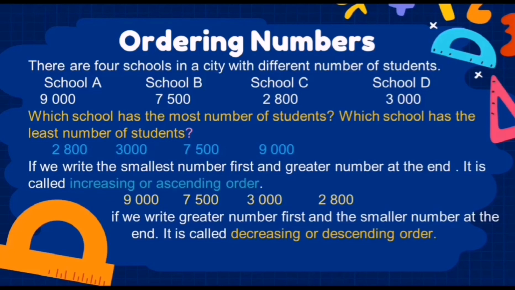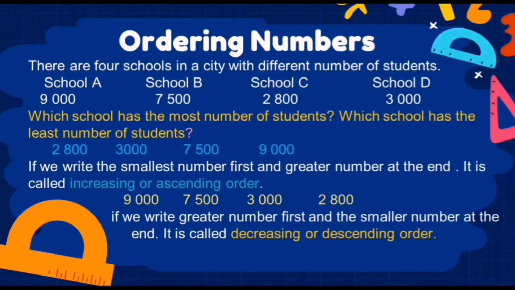Which school has the most students and which school has the least? 9,000 is the greater number. School A has the most students. 2,800 is the smallest number. So School C has the least number of students.